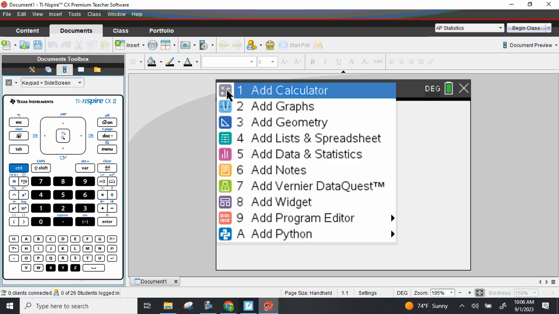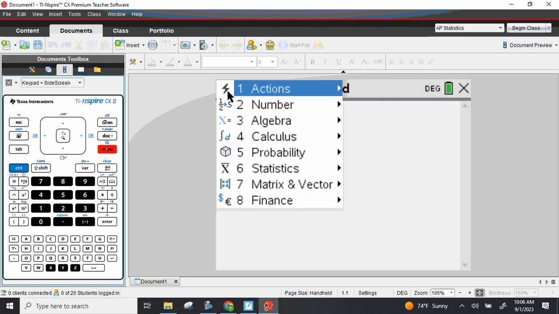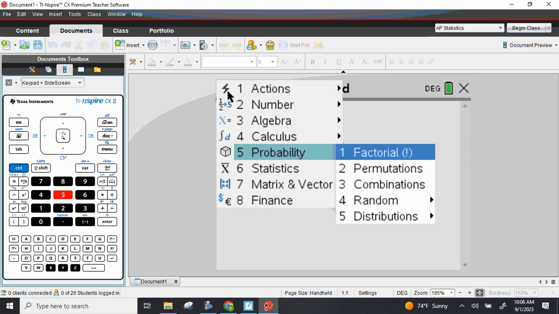Whenever we're given an area and asked for a particular x value, we can use our inverse normal function in our calculator. You can get that by hitting menu, probability, distributions, and now we're going to choose inverse normal.